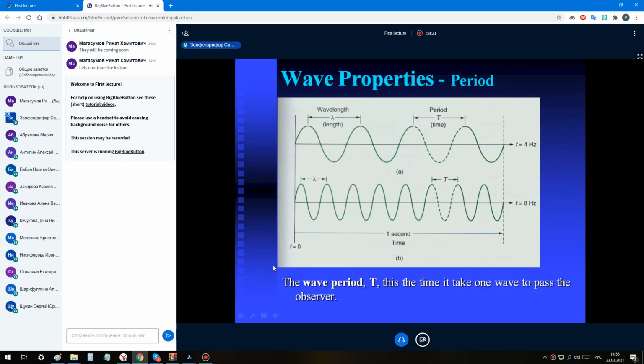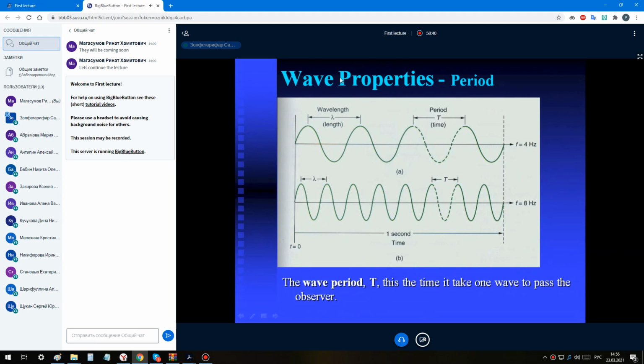Also, we have the wave period, shown with T. This is the time it takes one wave to pass the observer, as shown in this schematic shape.